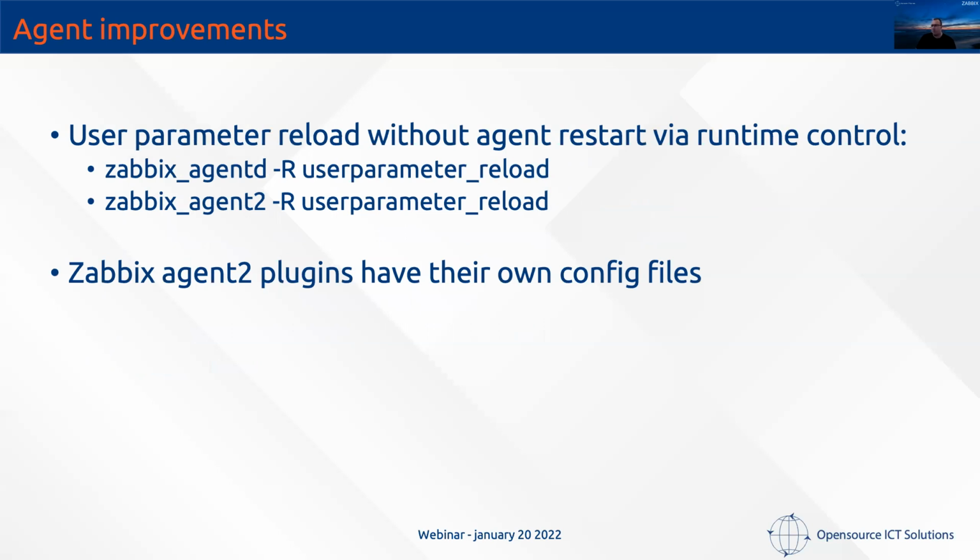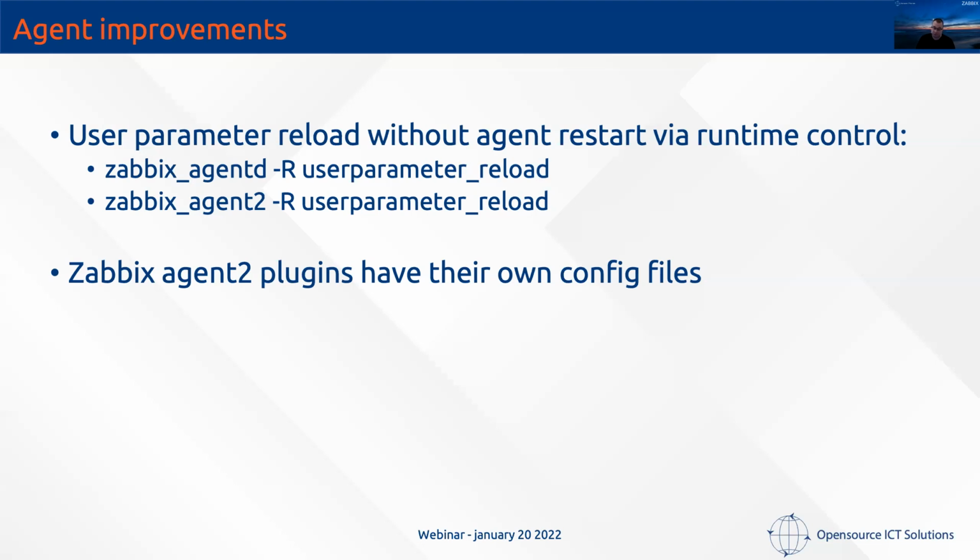What's also improved, and the first one is the one I really like, user parameters. Previously, when you added user parameters, you had to restart the Zabbix agent, which worked, but you had to go into a remote host, make sure you had sufficient permissions, and then restart the process. Unfortunately, if you made any typo somewhere, the agent was not starting.